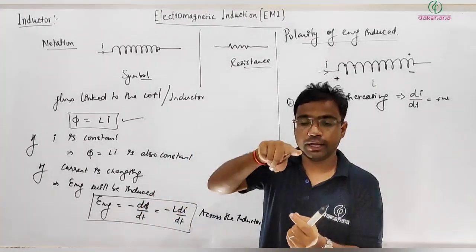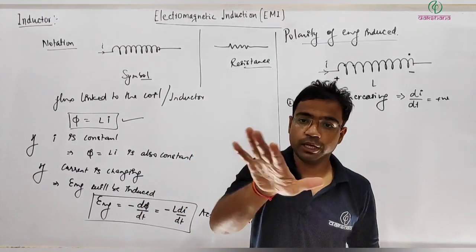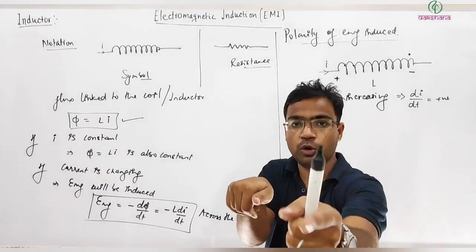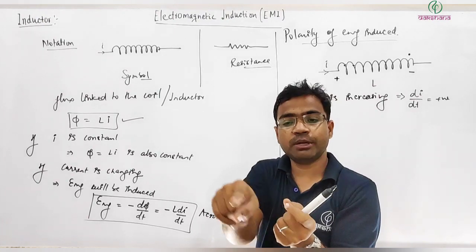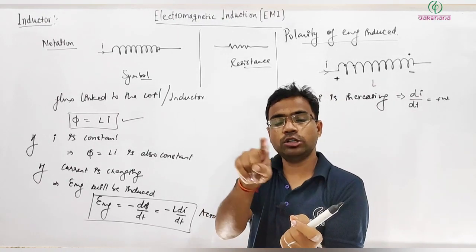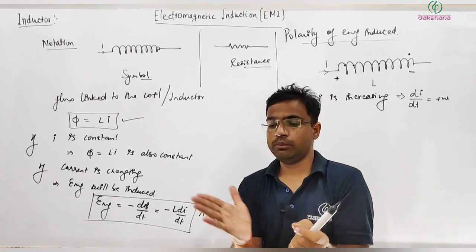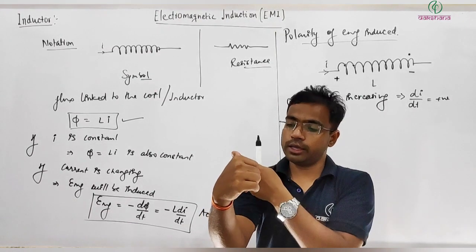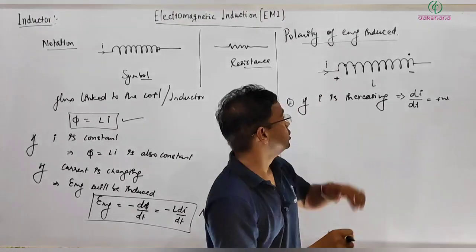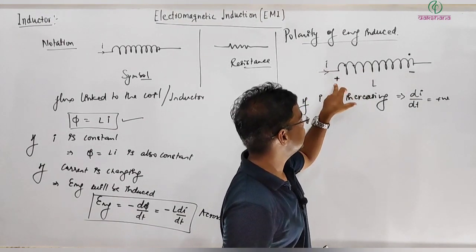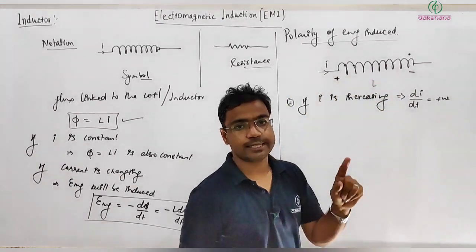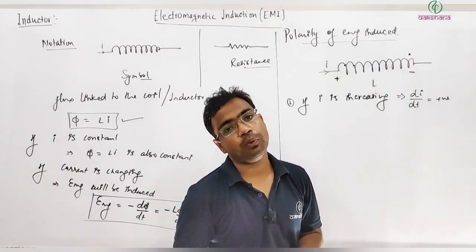I hope you are getting it: if it is going this way, then towards you is the north pole. So the induced EMF will try to create or induce current in the opposite sense. Current is flowing this way, so if it is increasing, it will try to induce EMF that results in current in the opposite direction, and that way it will oppose, right?